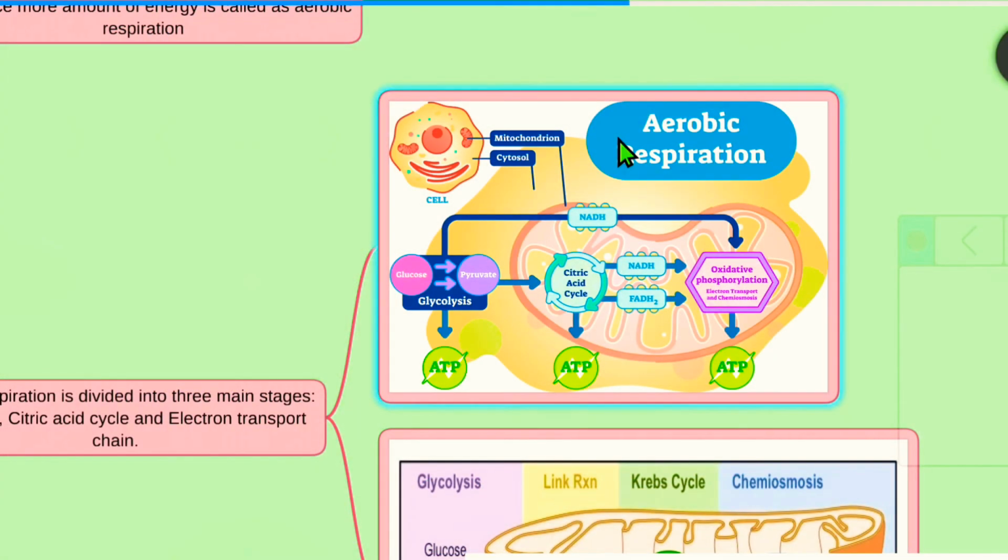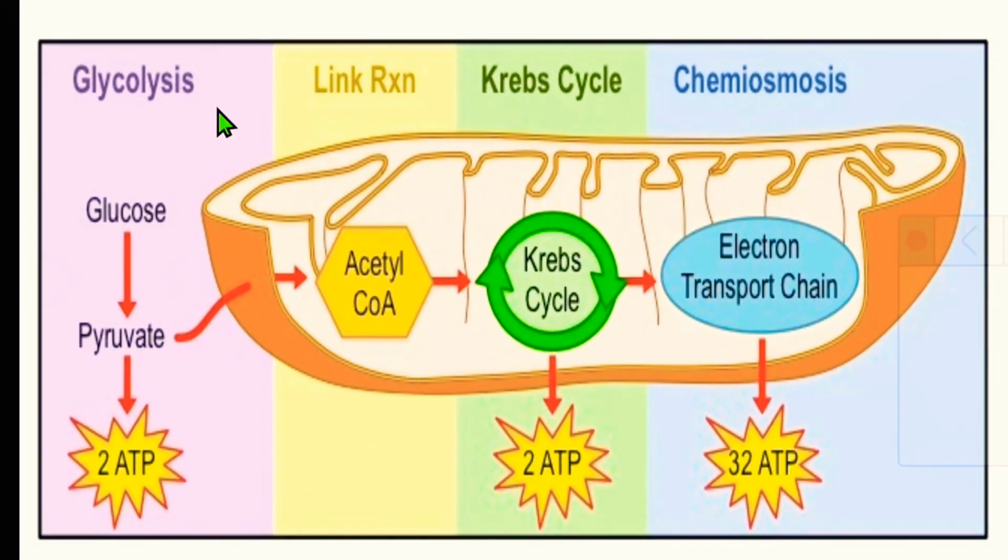One more time, we'll see glycolysis. In glycolysis, glucose is converted into pyruvate by releasing two ATP molecules, and pyruvate enters the mitochondria in the form of acetyl coenzyme A. This is the link reaction or acetylation of pyruvate, and this is the Krebs cycle.